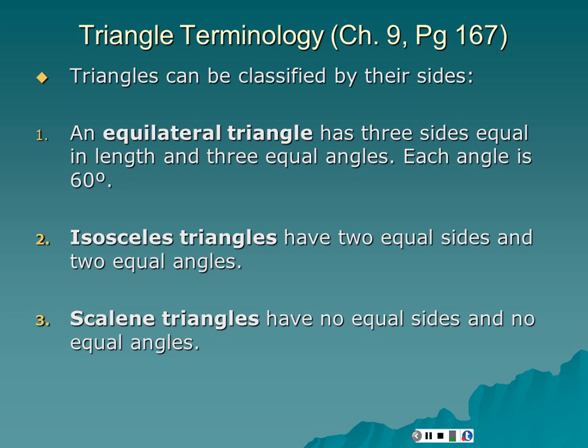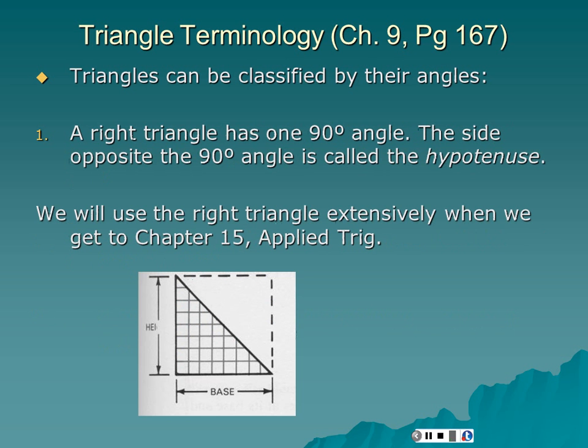So these are the 3 triangles you have classified by their sides. Now we'll look at the classification of triangles by their angles. Again, there are 3 triangles classified by their angles. The first one, right triangle.